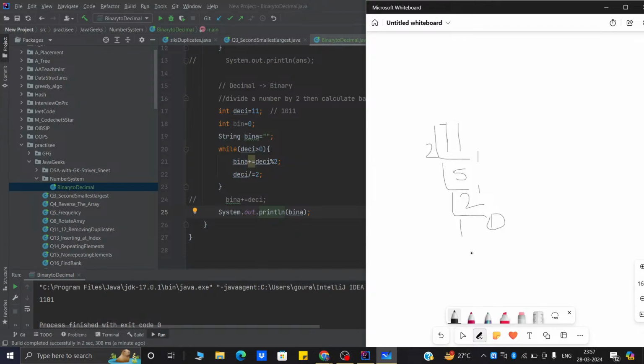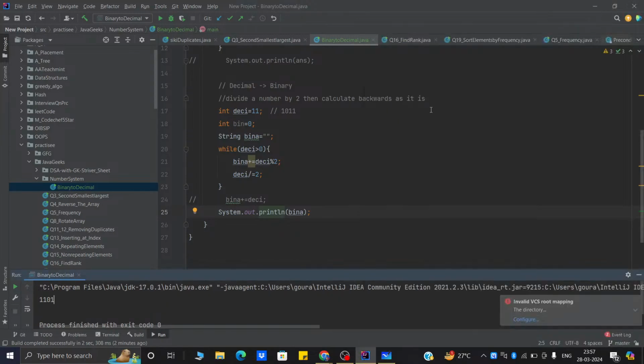So we have to take it like this, 1011. So we have to take the last one first. But here what is happening is, it is taking the first one 1, then adding it to 1, then adding it to 0, then adding it to 1, isn't it? So this is giving last to first.